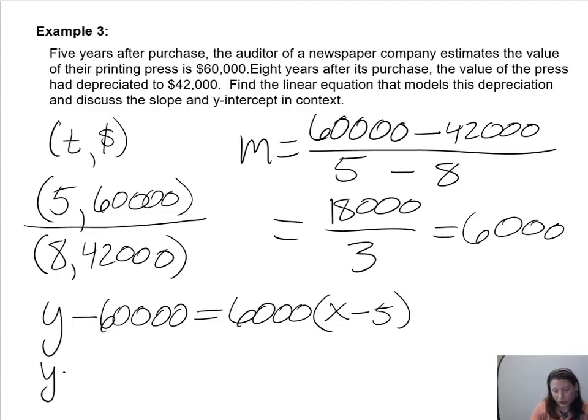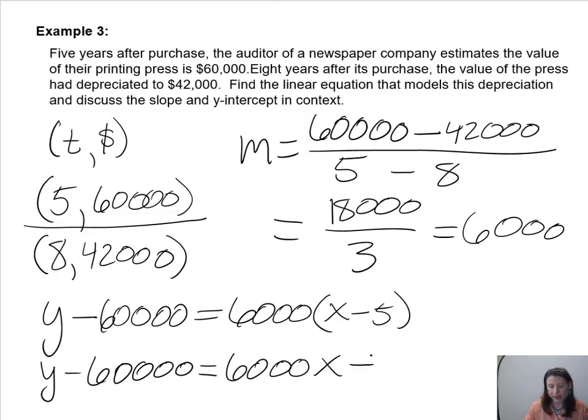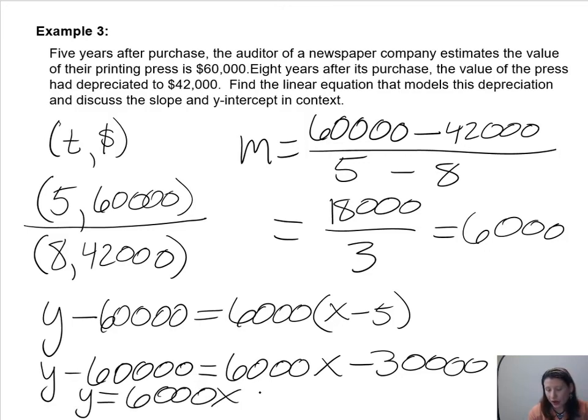So y minus 60,000 is equal to 6,000x minus 5 times 6,000. Well, 5 times 6 is 30, so this is 30,000. Then we'll add the 60,000 over, and I didn't quite leave myself enough room, but I will put it here on the bottom. We get y is equal to 6,000x plus, because minus 30,000 plus 60,000 is plus 30,000.